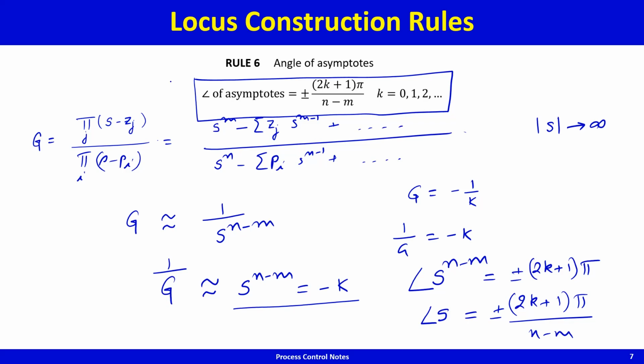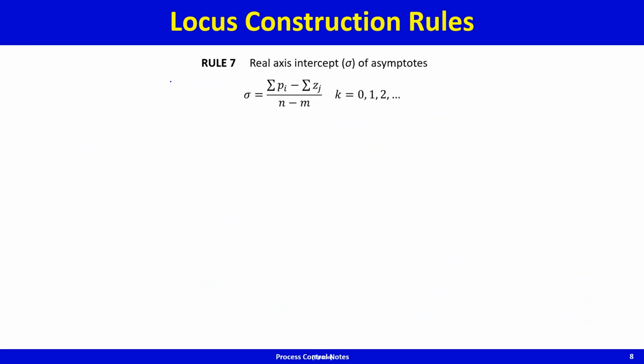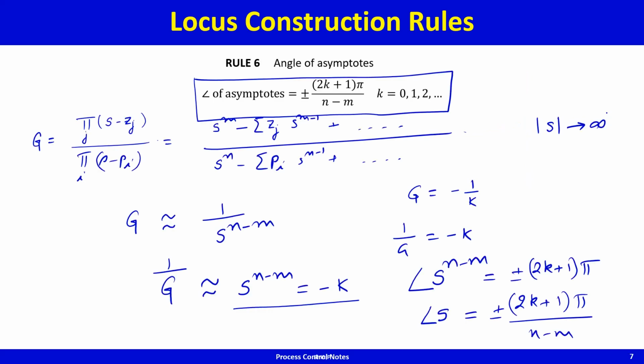Now, rule 7 gives us the real axis intercept of the asymptote. But before I do that, let's go back. By the way, this gives us, if n minus m is 1, there's one asymptote and the angle is 180 degrees. That's the asymptote.